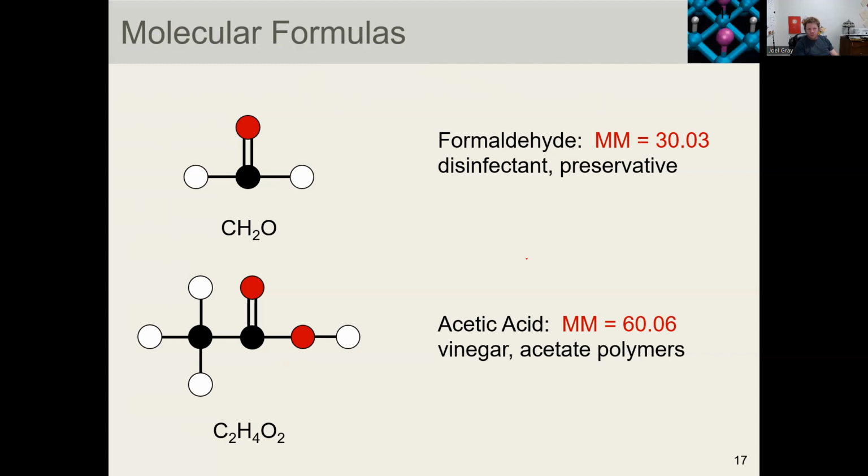Okay, well, the empirical formula for acetic acid is the molecular formula and the empirical formula for formaldehyde. But there's a difference between formaldehyde and acetic acid. One's a disinfectant and a preservative, and the other one is used for, well, vinegar. It's used for cleaning and tons of other things.